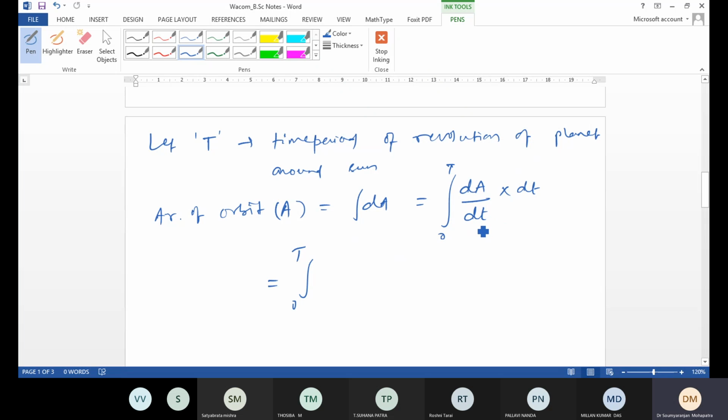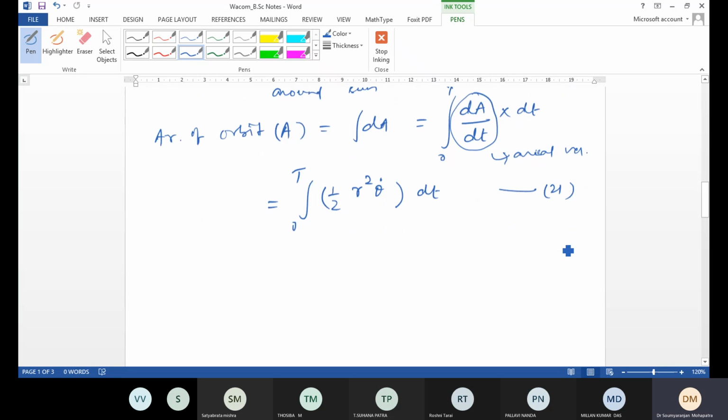That represents your areal velocity. Areal velocity is given as dA by dt, that can also be written as half r square theta dot multiplied with dt. Equation 21. So this dA by dt is called your areal velocity.